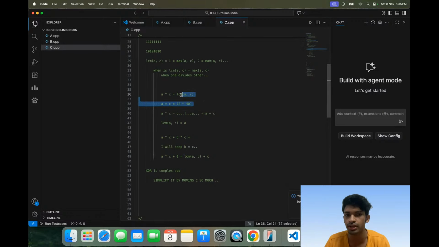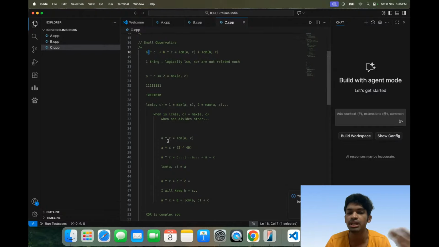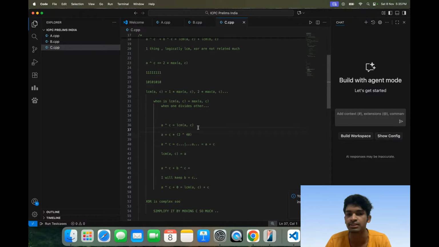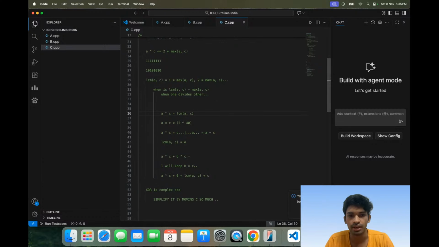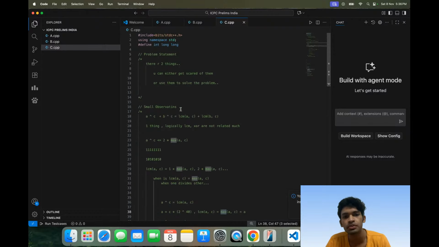LCM is complex, XOR is complex, but when something divides something, then LCM is just max. If this happens here, LCM of A comma C is just max of A comma C, or A. So max is complex, LCM is complex, but our idea is to make them simpler.